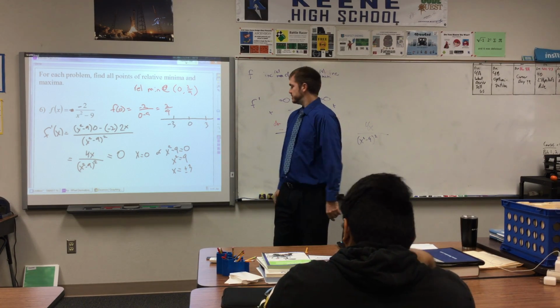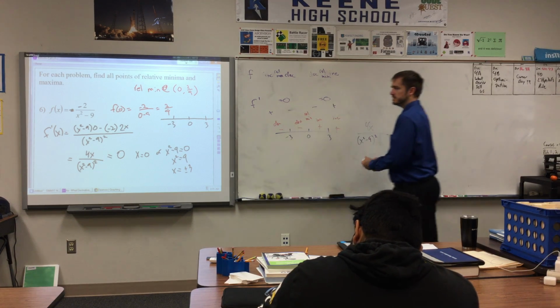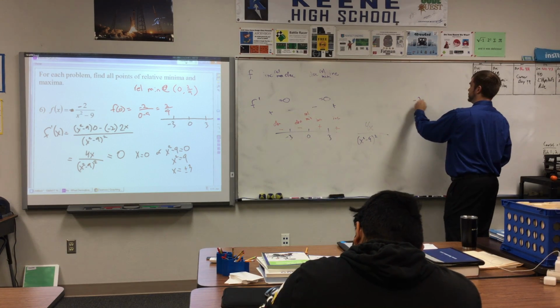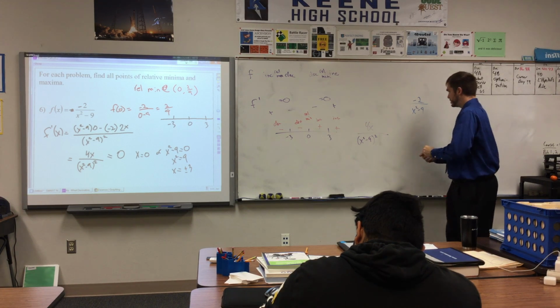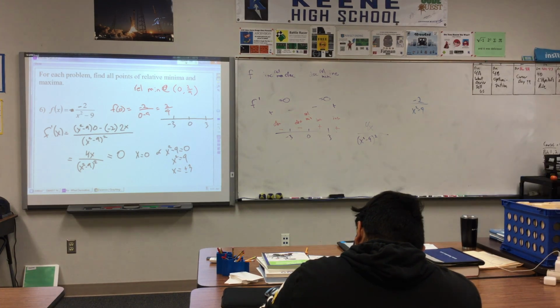Would you like to see that original function and see what it looks like on Desmos? Yeah. Alright, original function, negative 2 over x squared minus 9.